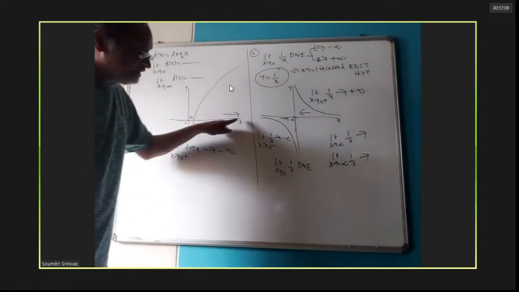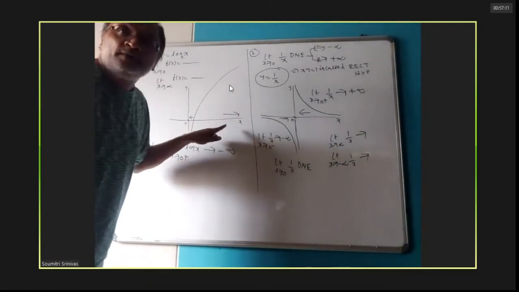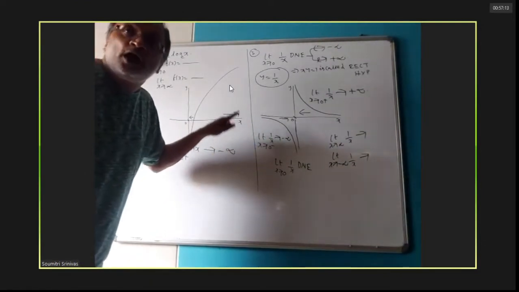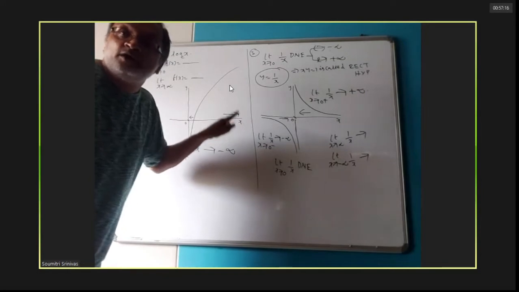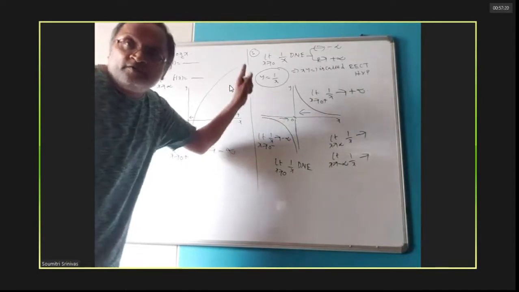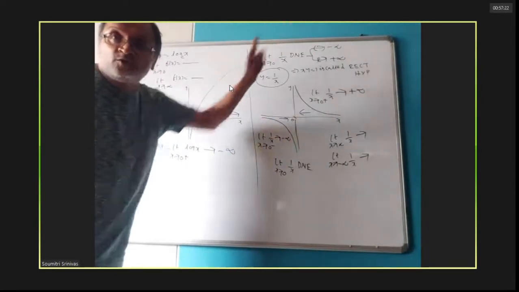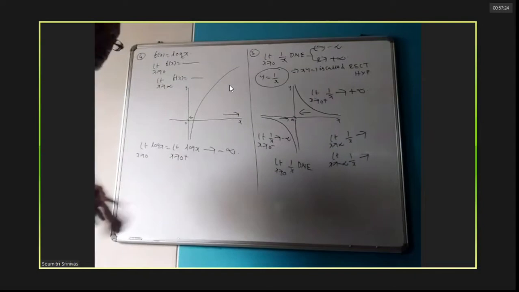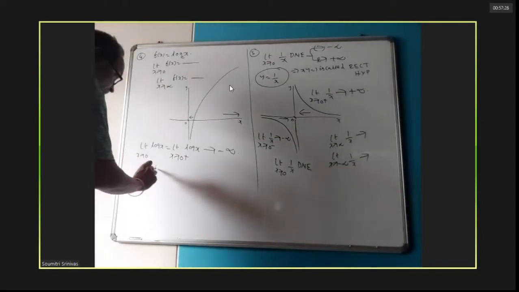Similarly, x is running towards infinity. Look at the graph. Where is it running? It is running towards infinity. What do you conclude? Limit x goes to infinity.